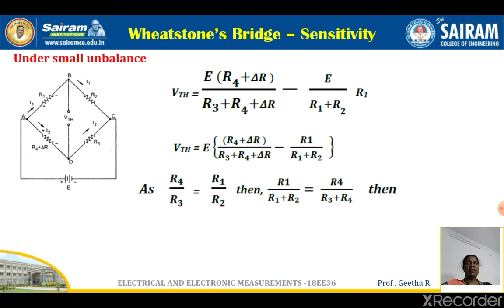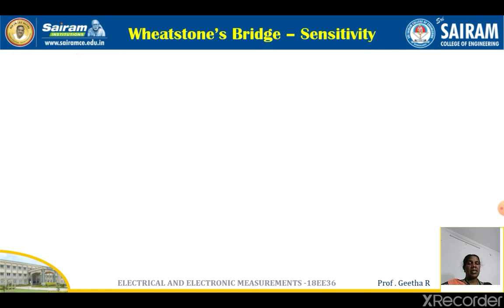So Thevenin's voltage can be written as E into R4 plus del R divided by R3 plus R4 plus del R, minus R4 divided by R3 plus R4.